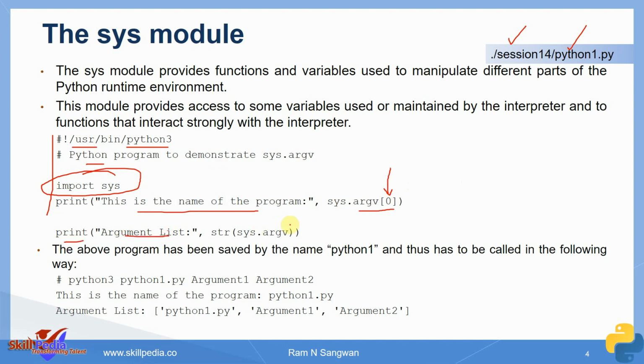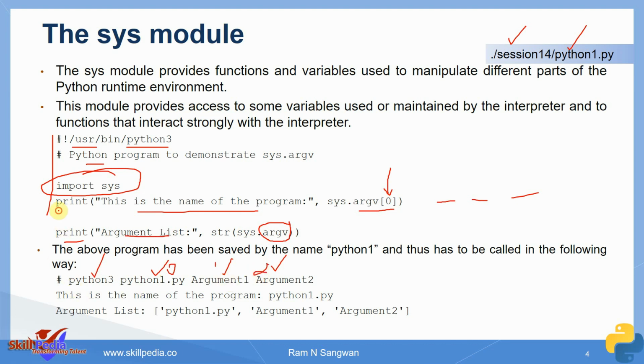Argument list, and you don't specify anything, that will show you all the arguments. Which means if you pass 2 arguments, for example, you are calling this program something like this: python3 Python1.py argument1 argument2. So this is argument value 0, this is argument value 1, and this is argument value 2.